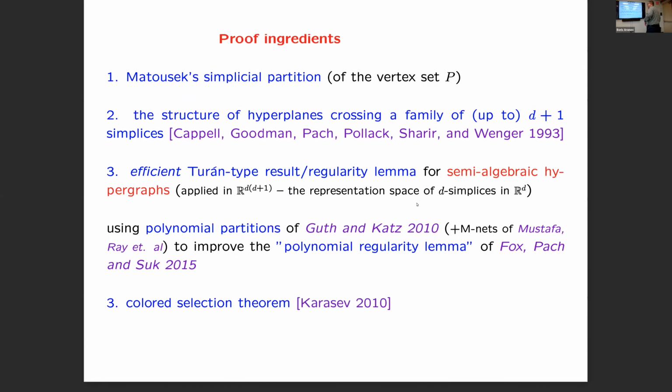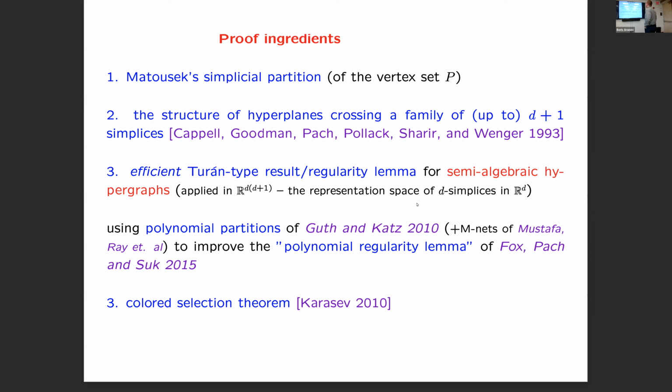And here are some ingredients of our improved estimate. Quite surprisingly, the first ingredient is Matoušek's simplicial partition theorem, which is very well known to combinatorial geometers among us, but much less so to the combinatorists.